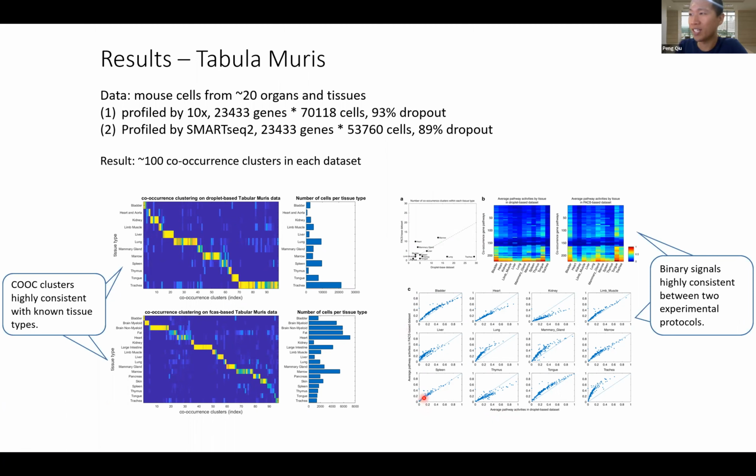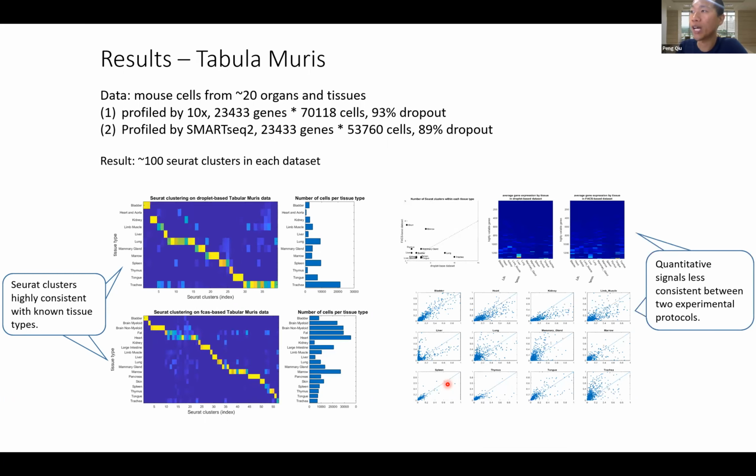When we see these dots following the 45-degree line very closely, that means the pathway activity-based quantification of these two data sets gave us pretty much the same signal. And there is very little batch effect between the two data sets if we look at the binary sparsity pattern.